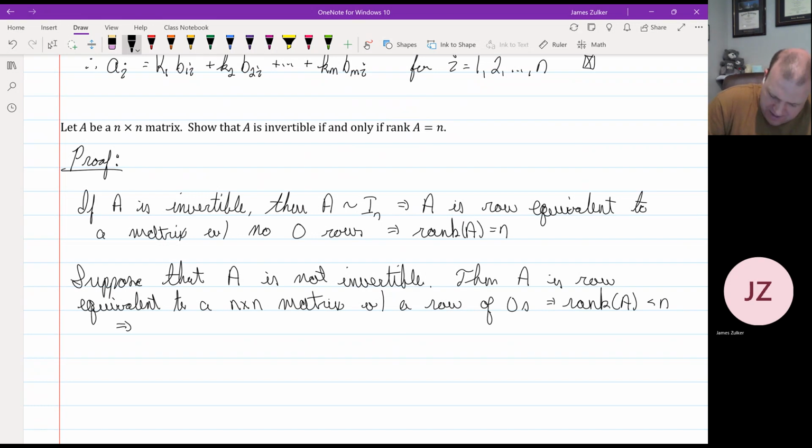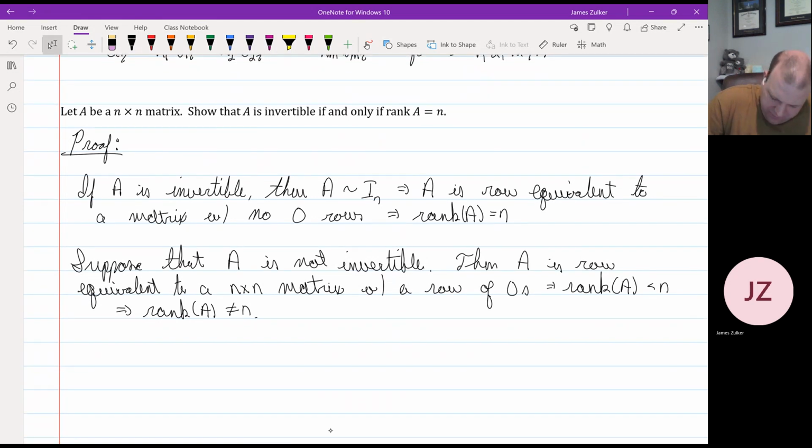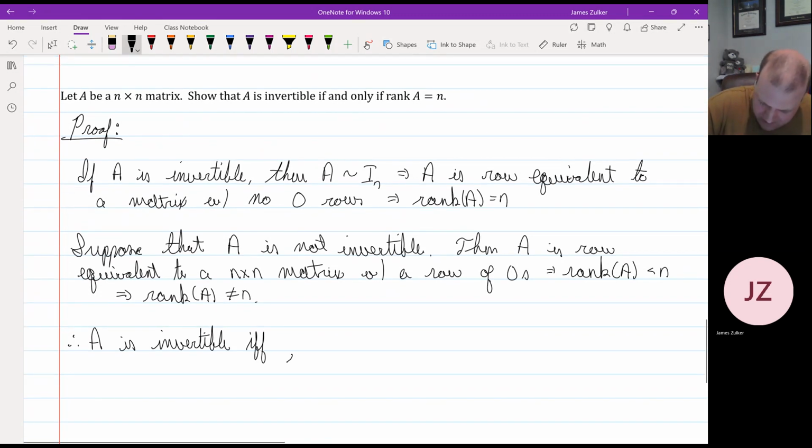But that means that the rank of A is not equal to n. So if it's invertible, the rank has to be n. If it's not invertible, the rank cannot be n. So this means that A is invertible if and only if the rank of A is equal to n, which is what we wanted.